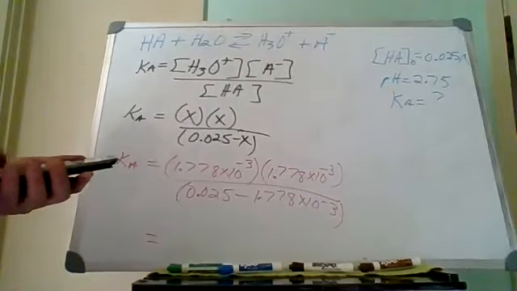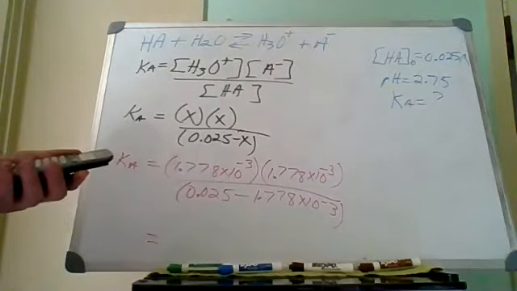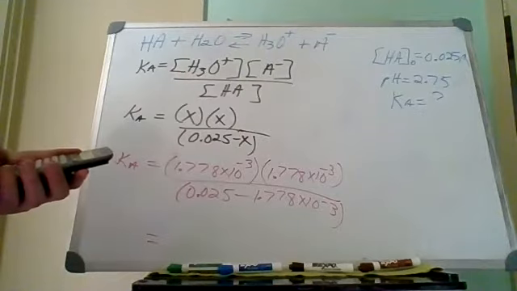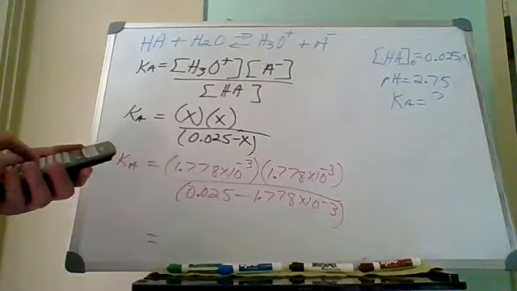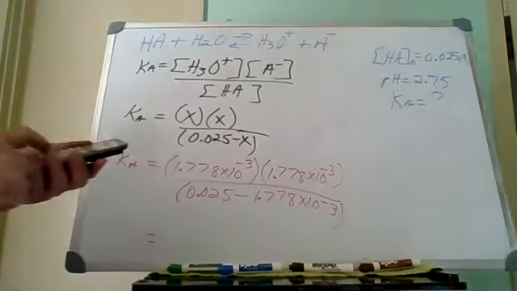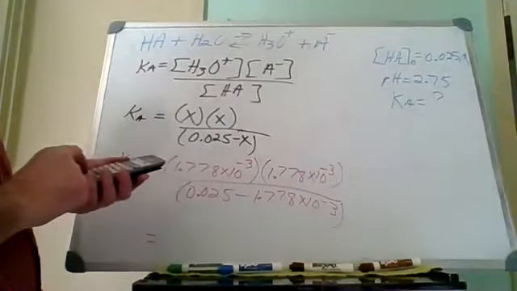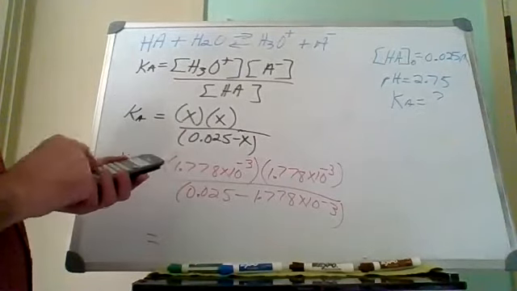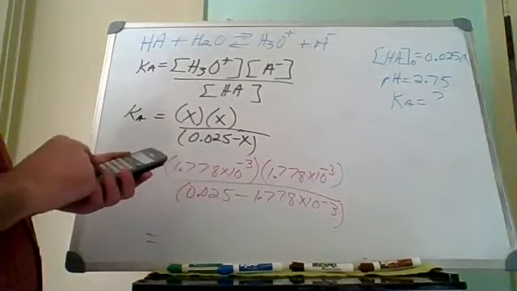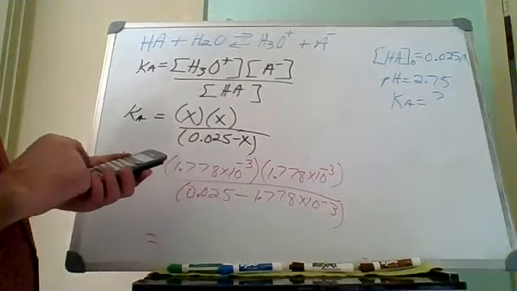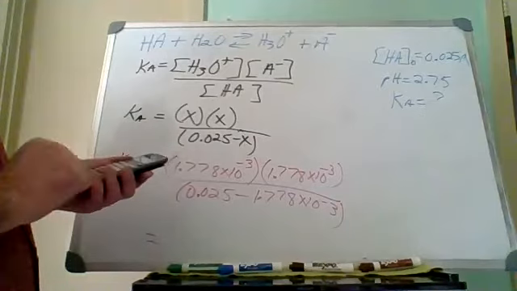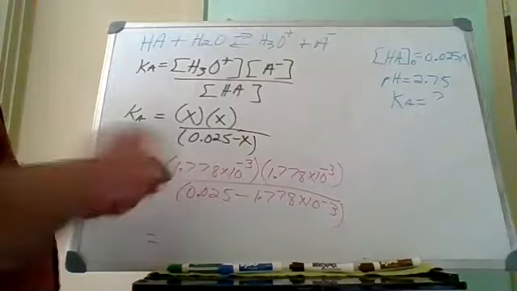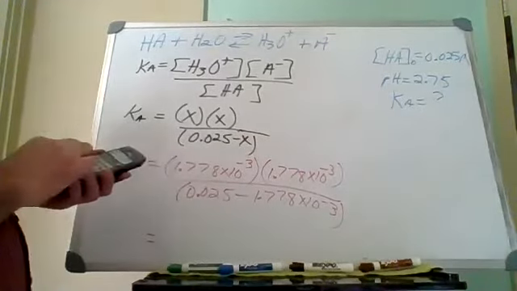So 0.025 minus 1.778 E negative 3 equals, store that in memory 1. Now I have this denominator in my first memory.